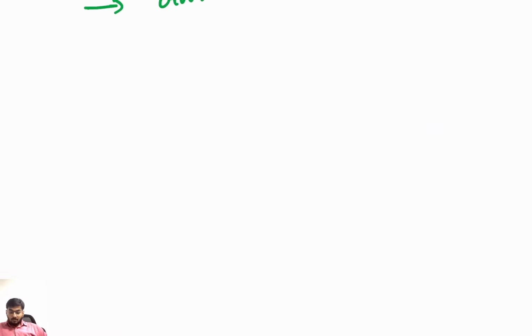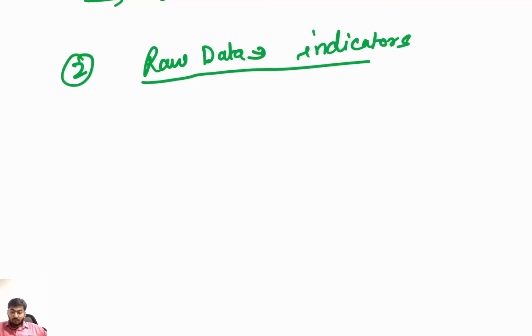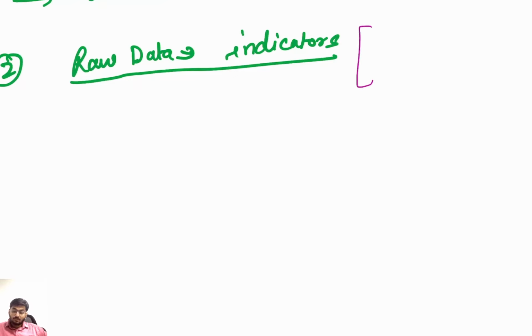Clear? Second step, you are converting your raw data into indicators. We call this normalizing, that I have normalized my information.